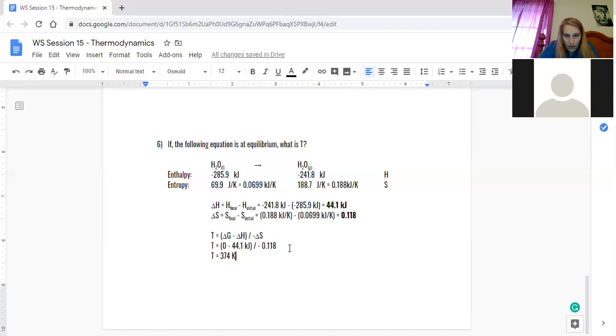I forgot to write my unit on this one and that one. So this is kilojoules per Kelvin, and that's what we're putting here too, kilojoules per Kelvin. And here's our answer. So that's T at equilibrium, I said that backwards.